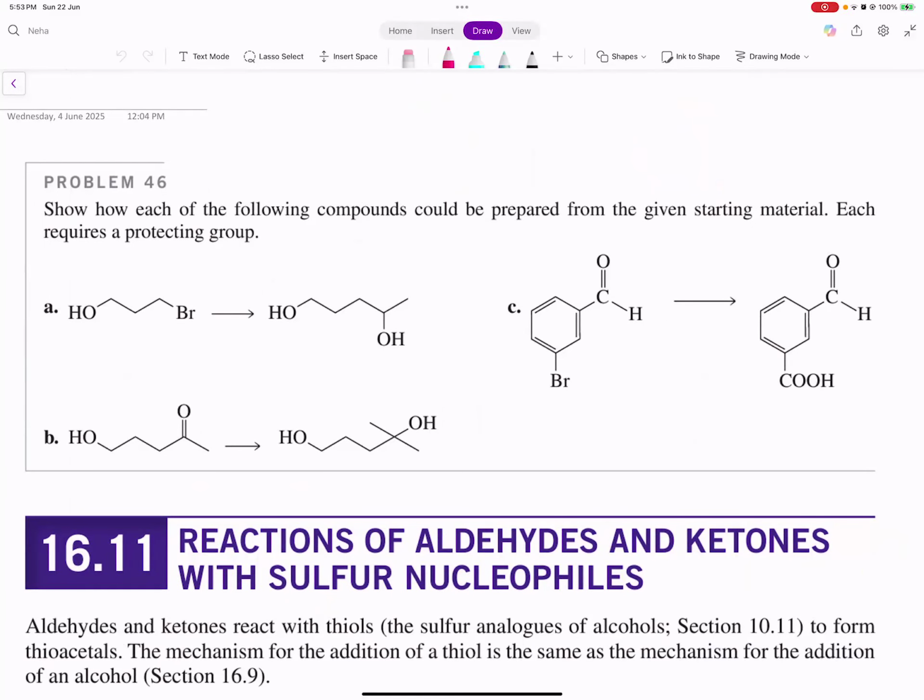How can we prepare these compounds? Don't do this one because we need to protect this, but this I think you can do. Here, from bromine, we have to convert it into CN, right?